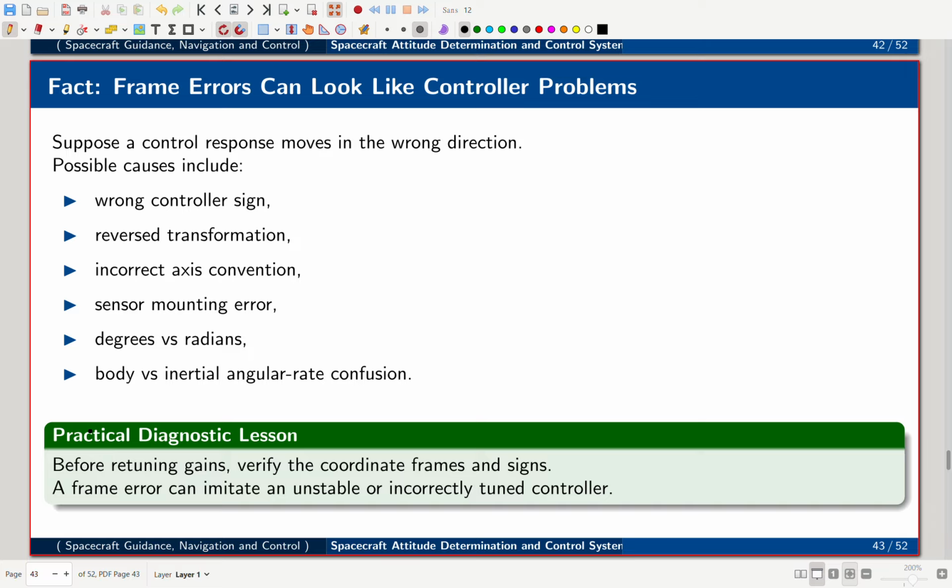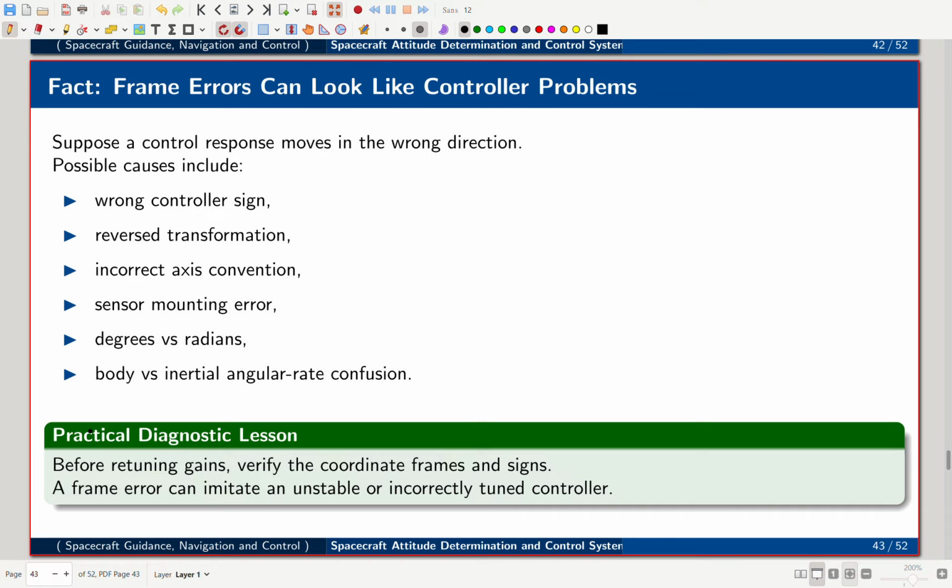So frame errors can look like controller problems, right? Suppose a controller response moves in the wrong direction. Possible causes include a wrong controller sign, reverse transformation, incorrect axis sign convention, sensor mounting error, and degrees versus radians. This is also very important. Sometimes we make mistakes in unit conversions, or confuse body and inertial angular rate.